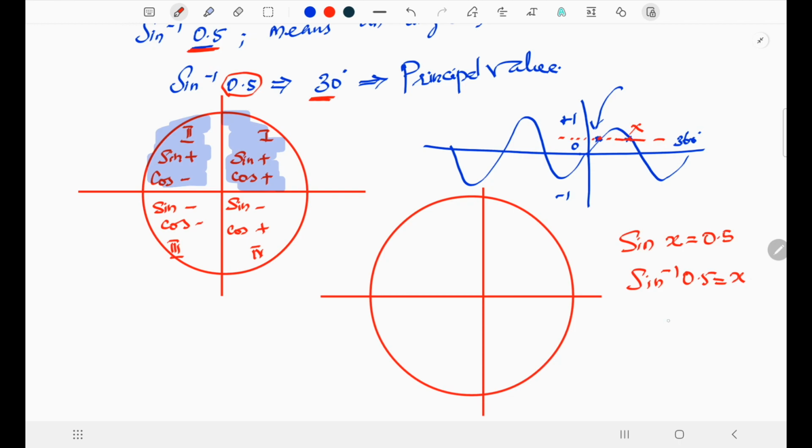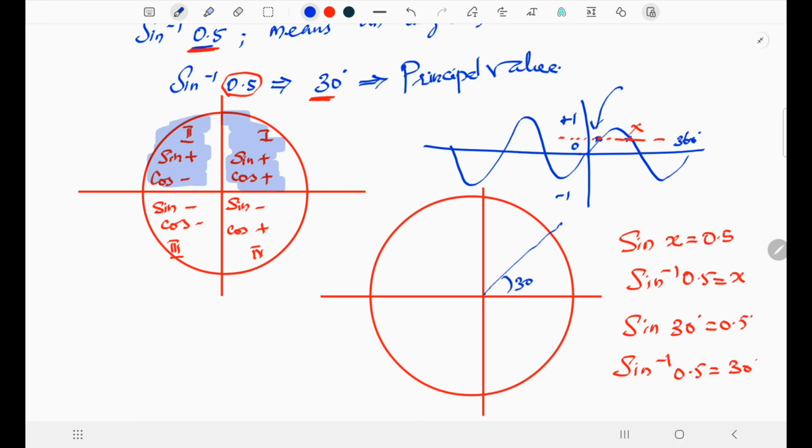What is x? We know that sine inverse of 0.5 equals 30 degree. How? Sine 30 degree equals 0.5. Use your calculator: sine inverse of 0.5 will give you 30 degree. Meaning one angle is 30 degree.